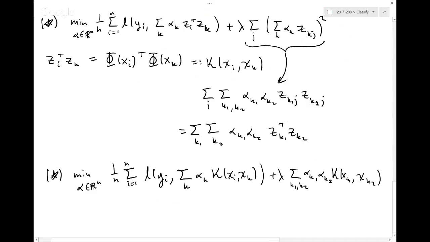Okay, so the point is that I actually didn't need to form the z's at all. If I have access to this kappa, then I don't need to form the z's. So here's an example of why that's useful.